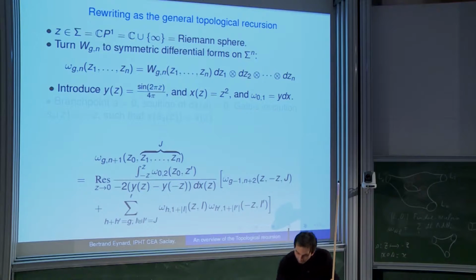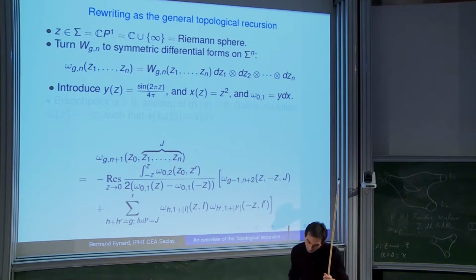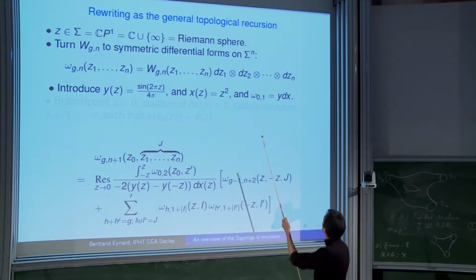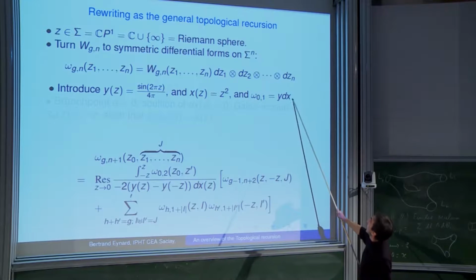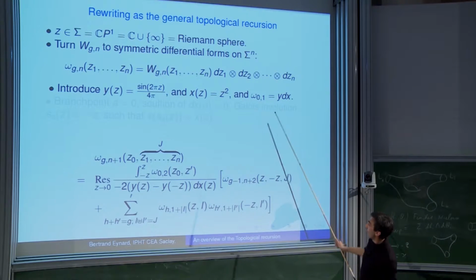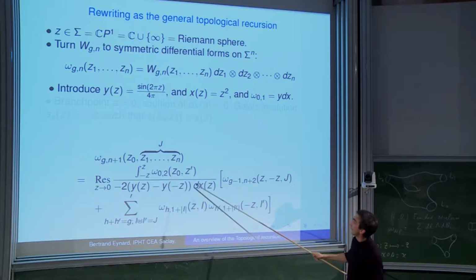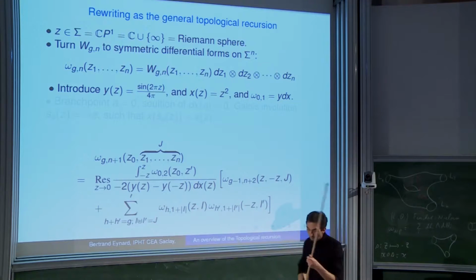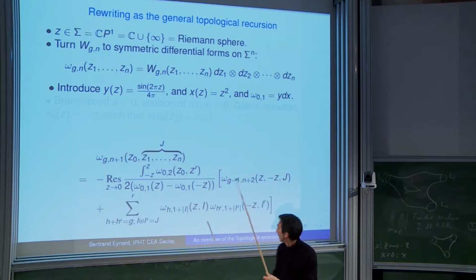And now this minus z, yeah, so sorry. Well, just another remark. If you take y dx, you can call it omega 0,1. And you see that this is y dx of z minus y dx of minus z. So you can rewrite it this way.